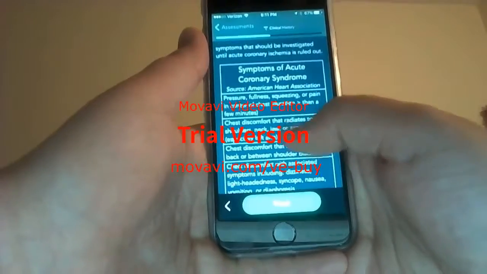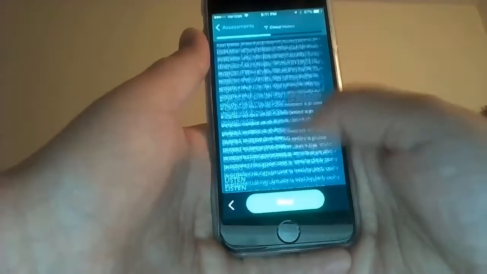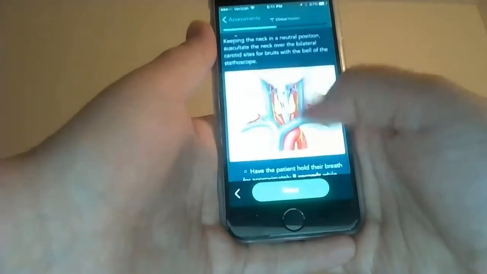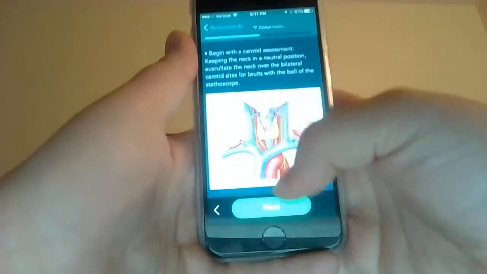Then it gives you symptoms that you should look for of an acute coronary syndrome when you're looking at your patient. Then you listen to the carotid assessment, which then pops up this picture of the patient's neck.